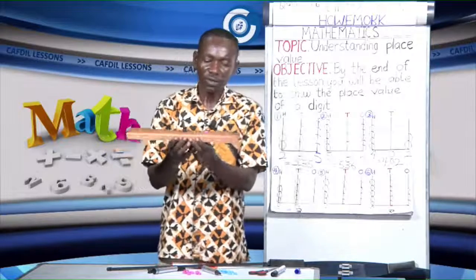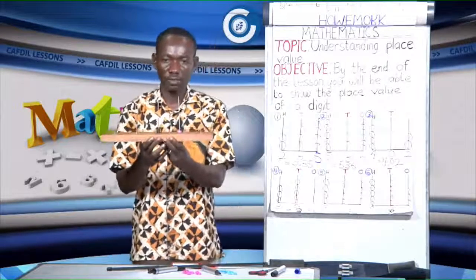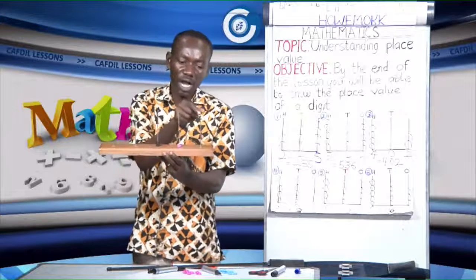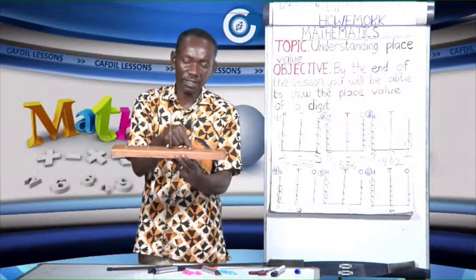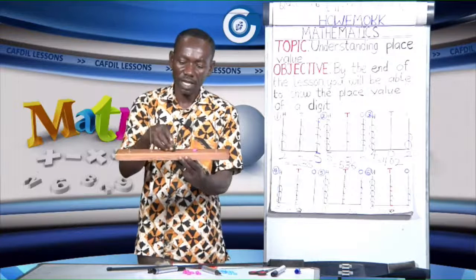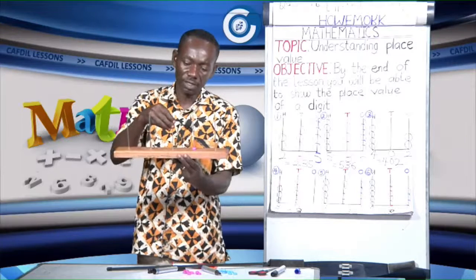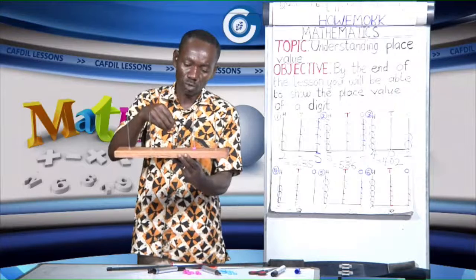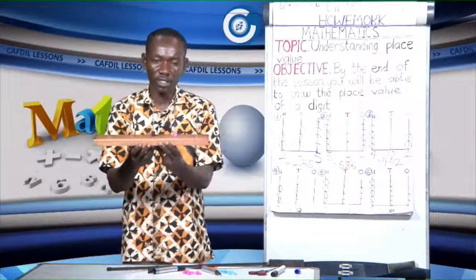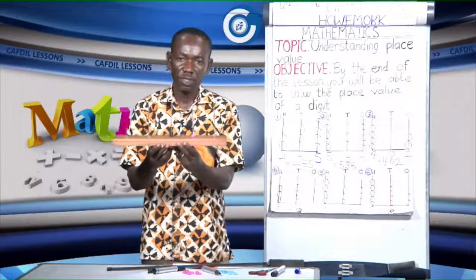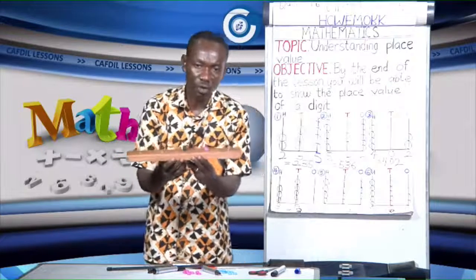So what value do you think we are going to get? Remember, we don't have anything under the ones column. We have only 1 tens here. And then we have 300s. Let's count this. 1, 2, 3. So what value are we going to get? 310. Well done.